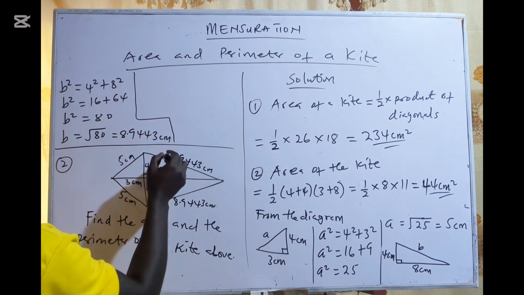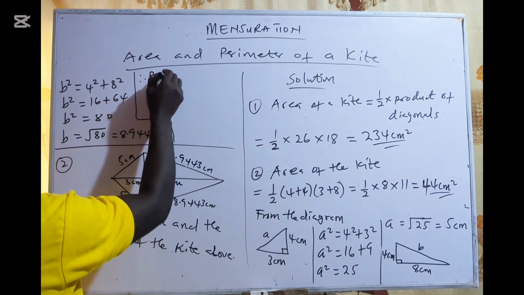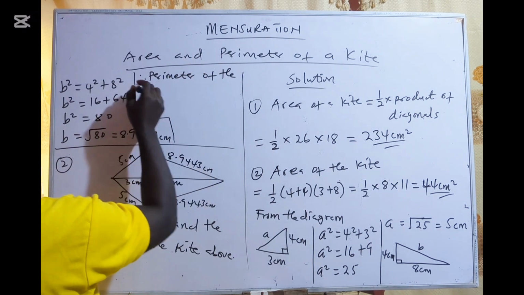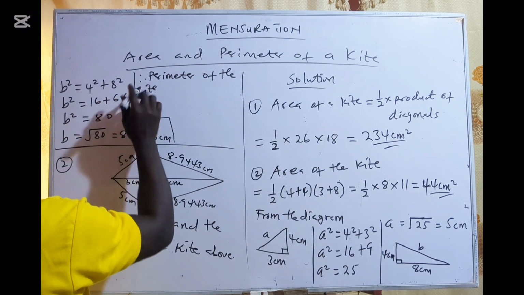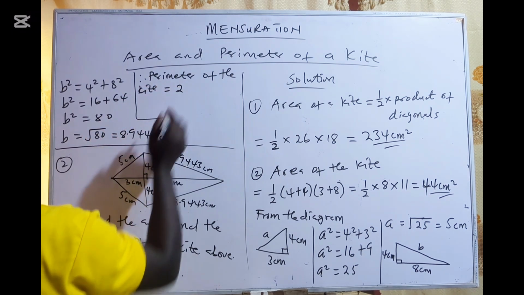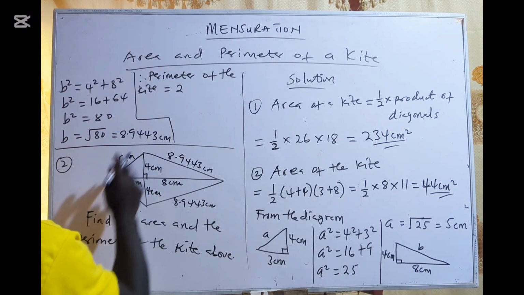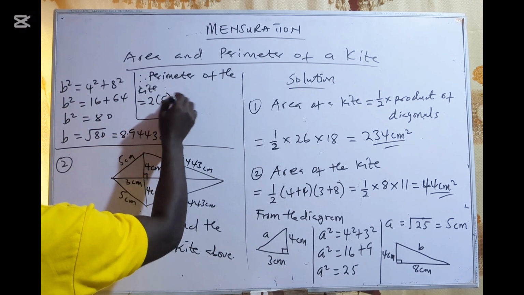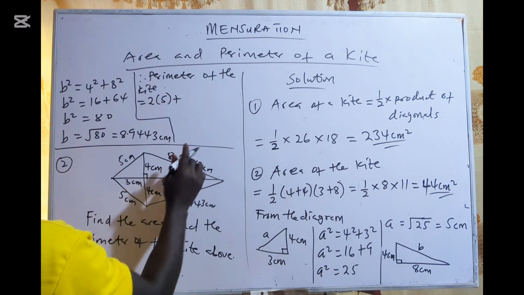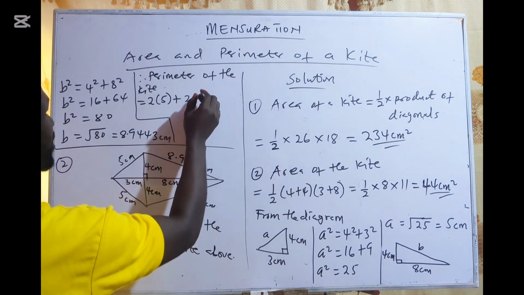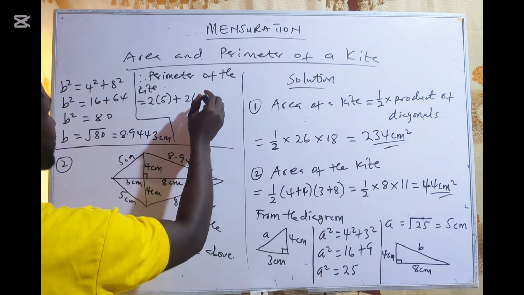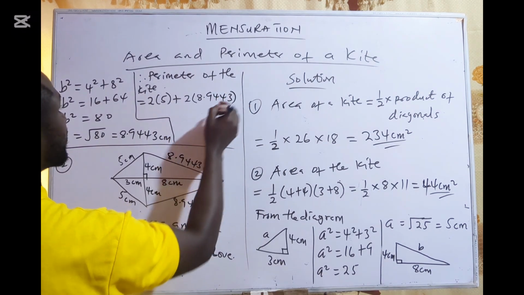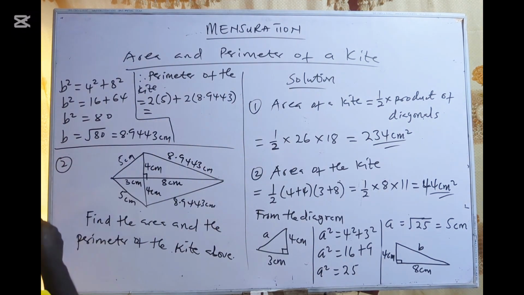Then we can say that therefore the perimeter of the kite is equal to 2 times 5, here is 5 plus 5, plus, here is also the same thing, so 2 times 8.9443. Alright, so 2 times 5 is 10.